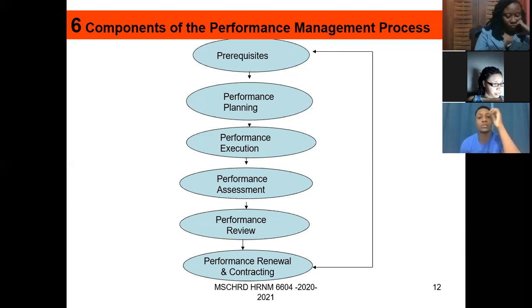You can never grow. So it's very, very important that every organization put in a performance system. No matter how small you are, it doesn't have to be a very complex system, but you must have a way in which you know who's contributing what.